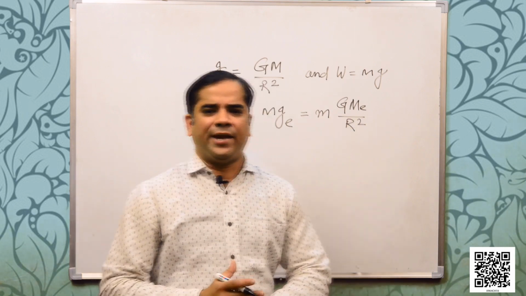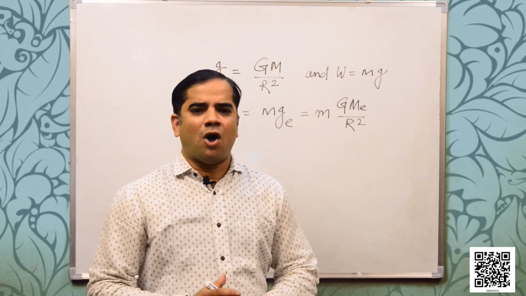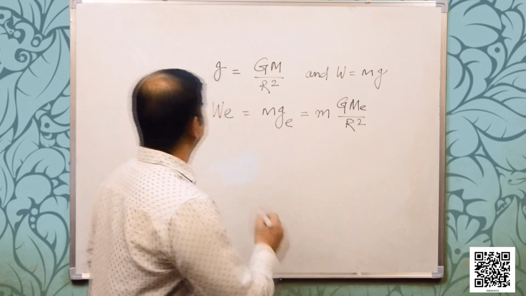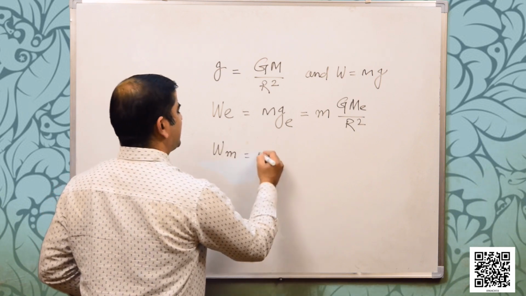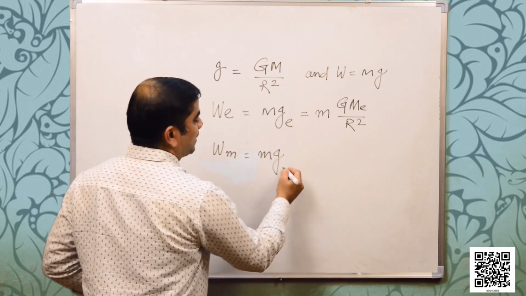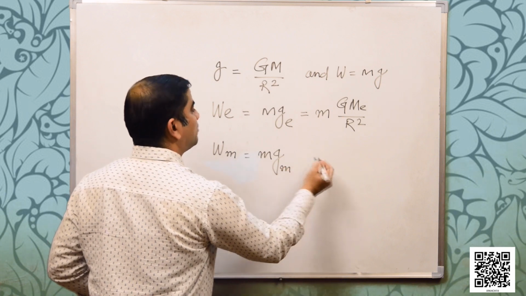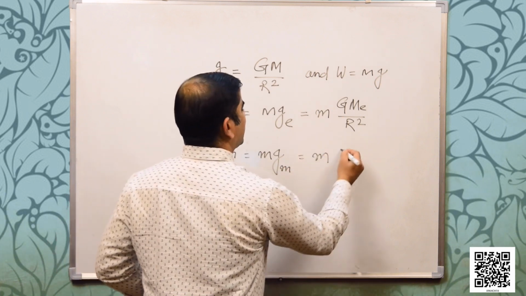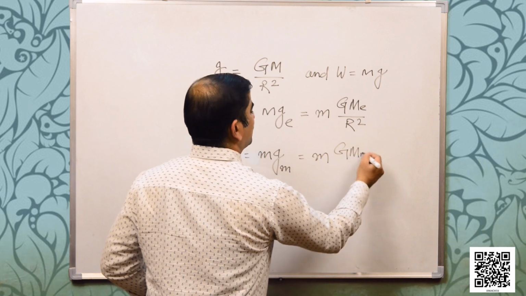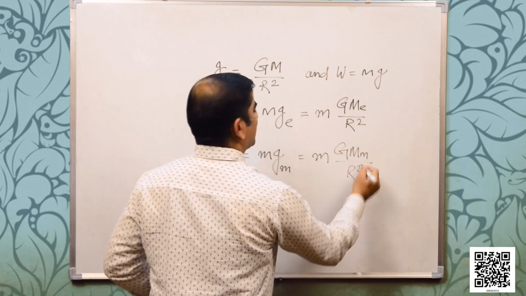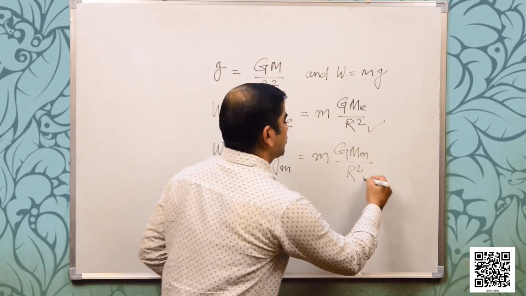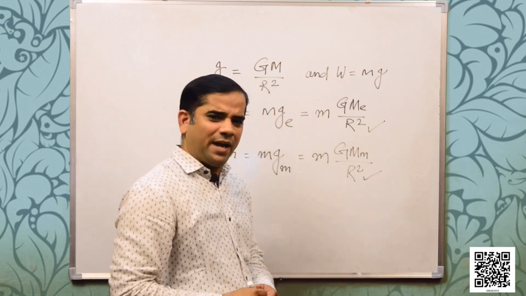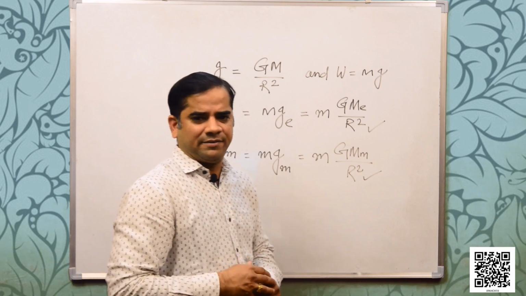So, weight of a body of mass m on moon is Wm, that is mass into acceleration due to gravity at moon, that is G Mm by r square. This is square of radius of earth and this is square of radius of moon. Okay? We have already discussed these things.